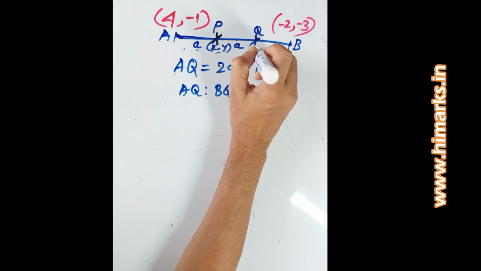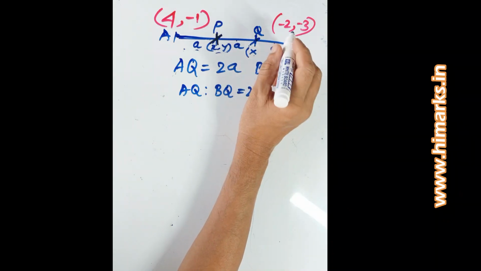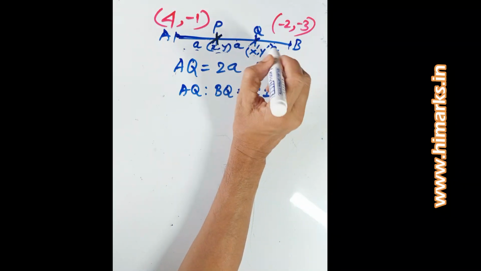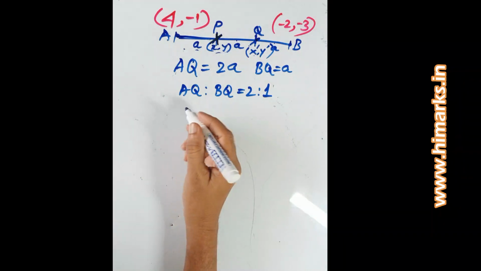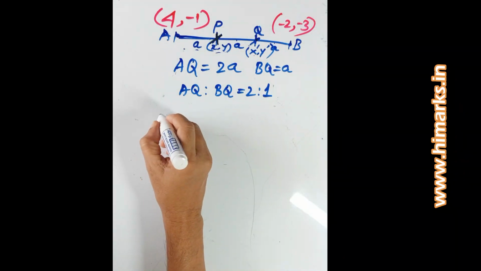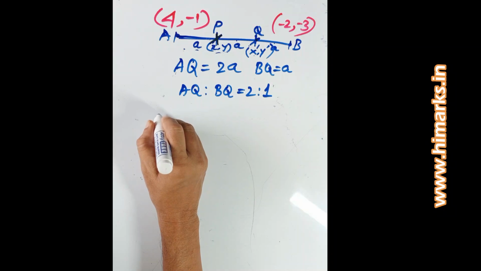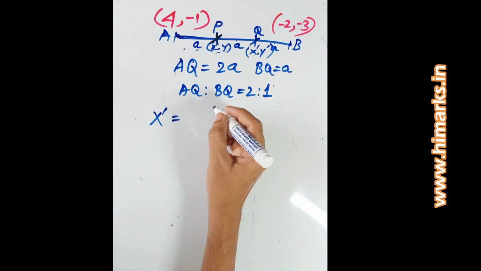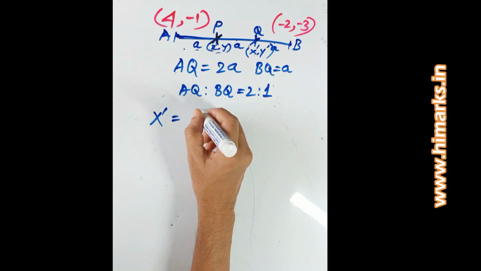For the Q position, say the xy value is x dash, y dash. So for this, to get the x coordinate, x dash, we will repeat the same formula. What is the formula?